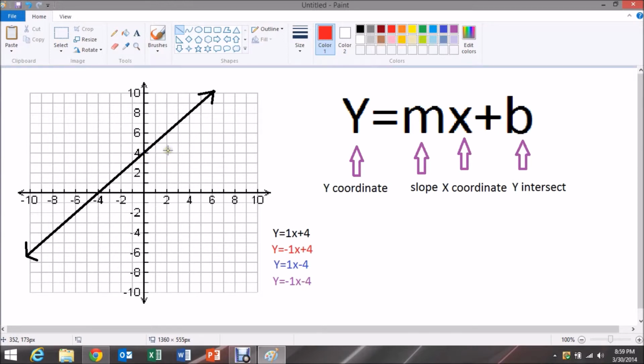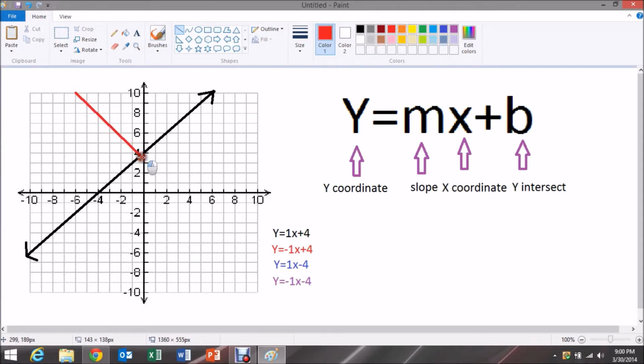We're still going to the right because the run is the bottom number, which would be a 1. So we're going to be going over to the right 1, and then down 1. Run 1, fall 1, run 1, fall 1. So essentially we're going in the complete opposite direction on this one.